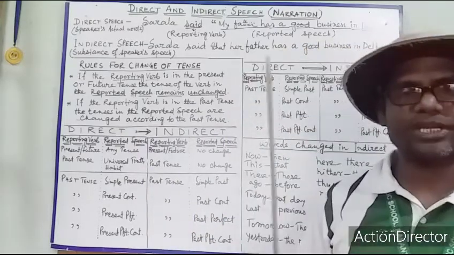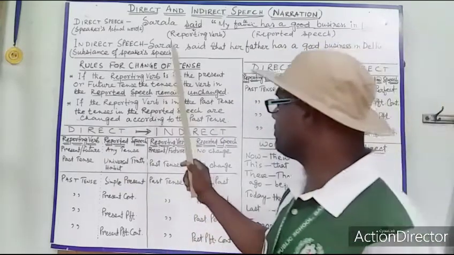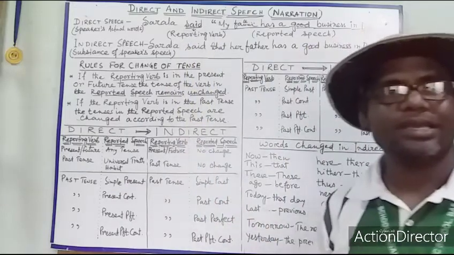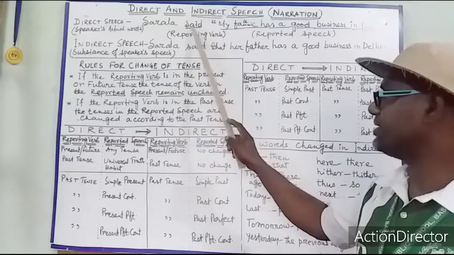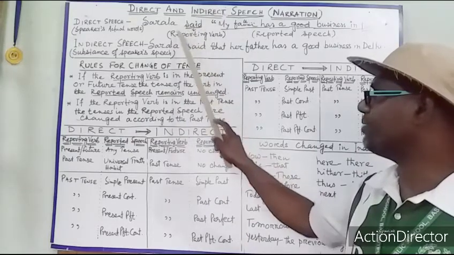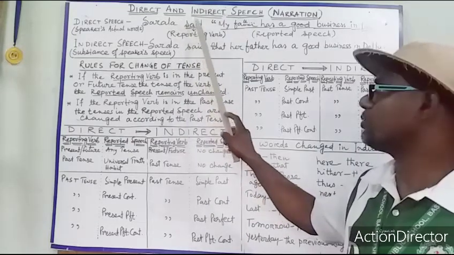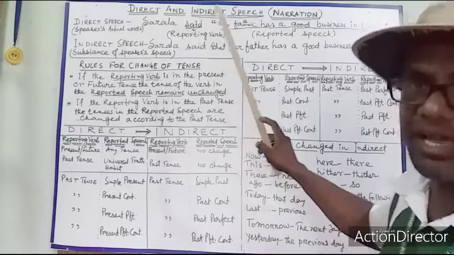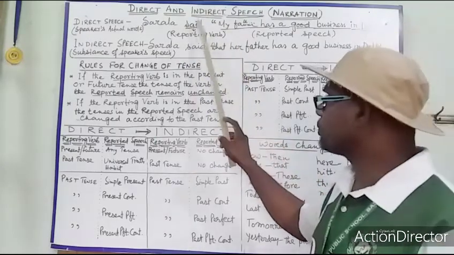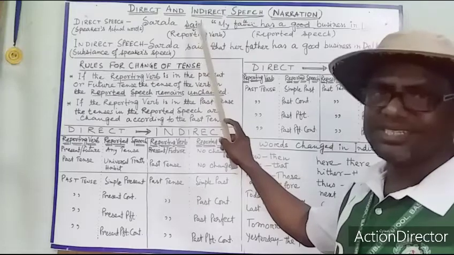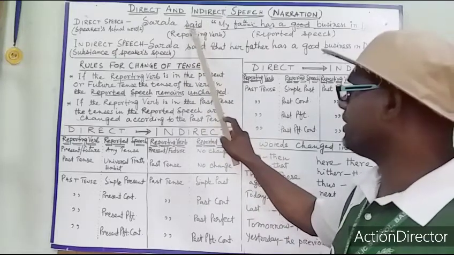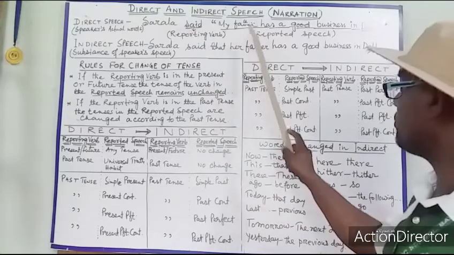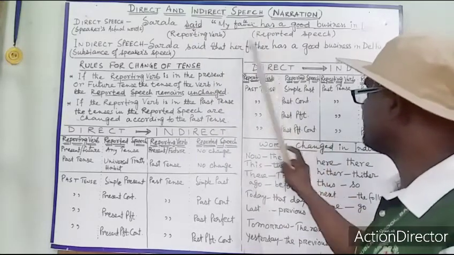Here, if he said is in past tense, this is not present tense. Say is present tense, and past tense is said. So here the reporting verb is in past tense.